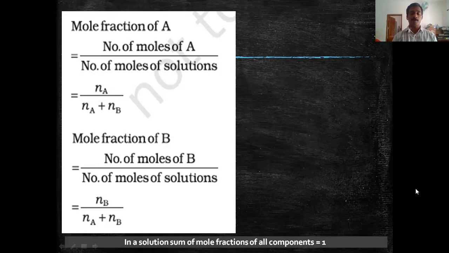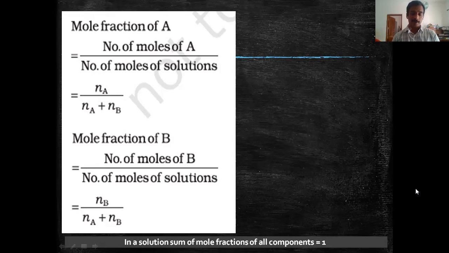Similarly, mole fraction of B is equal to number of moles of B divided by number of moles of solution. Mole fraction of B, Xb, is equal to Nb divided by Na plus Nb.